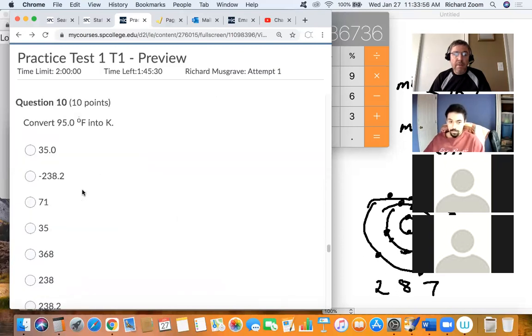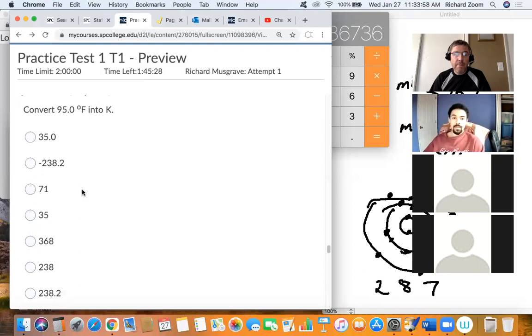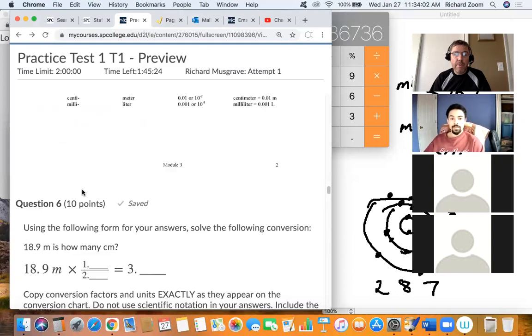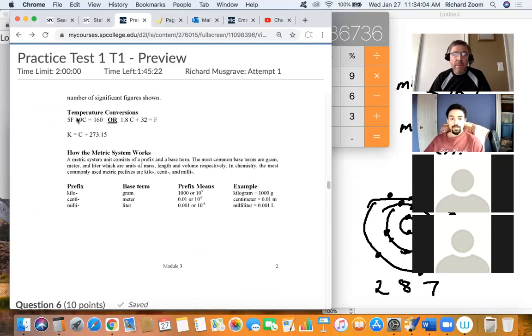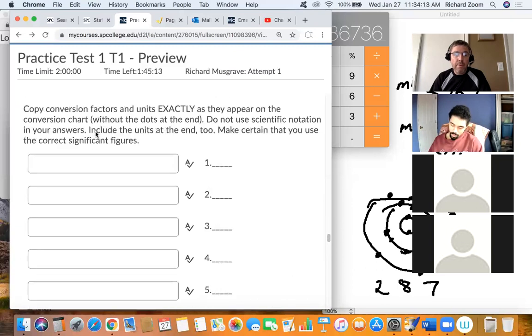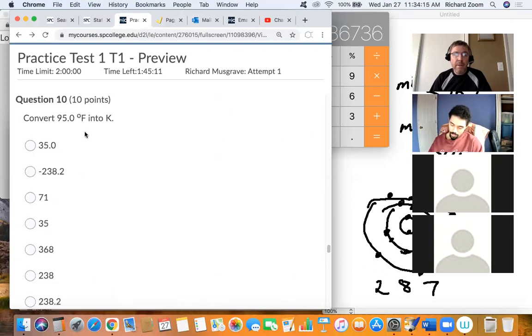And this one here, this is a temperature conversion question. You have the temperature conversion equations, they're here in the actual conversion chart, so you don't have to memorize them. You'd go through, and for this one here, we're taking 95.0 degrees Fahrenheit into Kelvin.